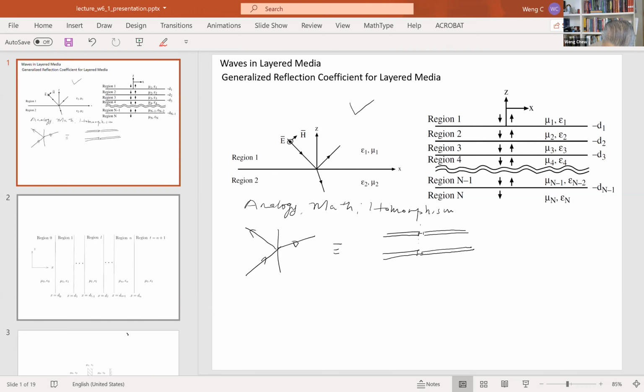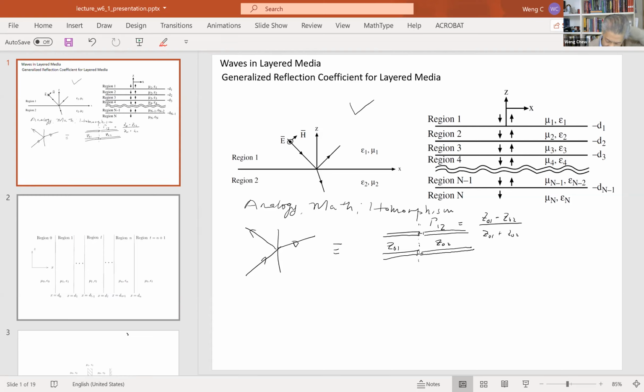If this is Z01, this is Z02, we know how to write down the reflection coefficient between medium 1 and 2 using transmission line theory. So it was something like Z01 minus Z02 over Z01 plus Z02 kind of thing, okay?